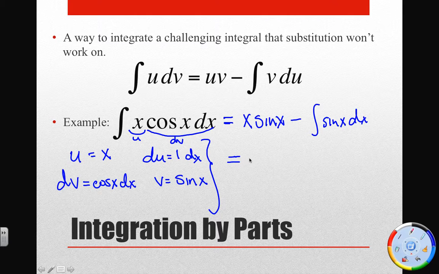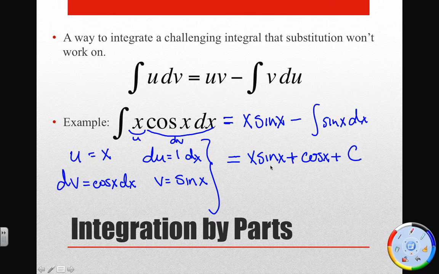As an answer, I get x sine x minus the integral of sine x, which is negative cosine. So the negative becomes a positive: x sine x plus cosine x plus c.